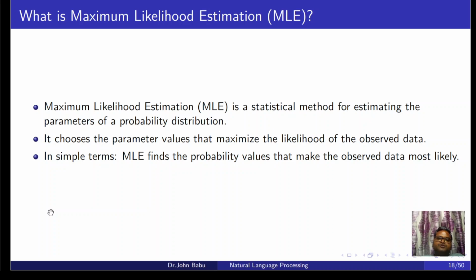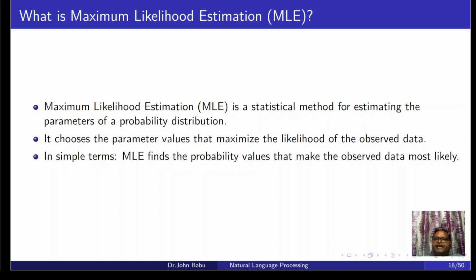It chooses parameter values that maximize the likelihood of the observed data. In other terms, it is the probability values that make the observed data most likely. Suppose we have given data, how likely is that data to be true.